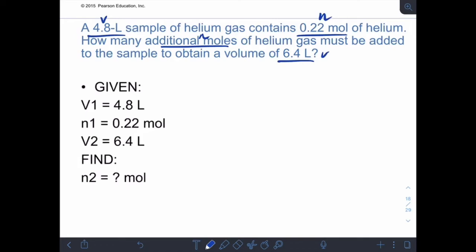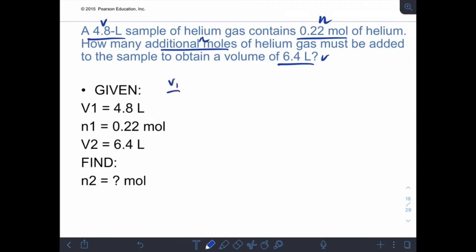The things that are changing are volume and moles. So Avogadro's law is V1 over N1 equals V2 over N2. Our task is to find N2, so I'm going to rearrange the equation: N2 equals V2 N1 over V1.